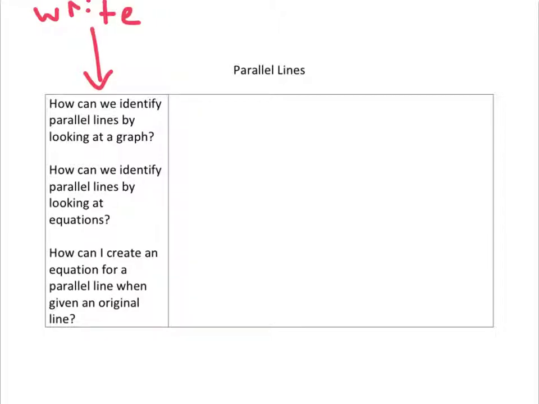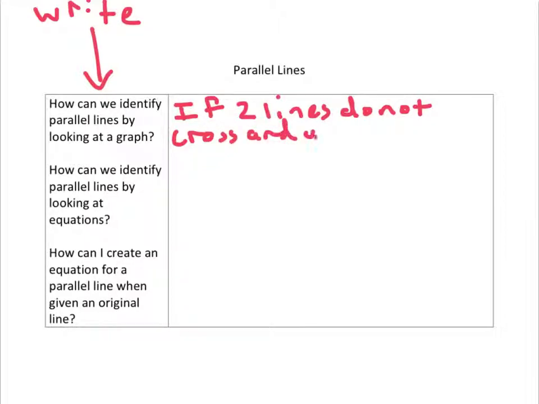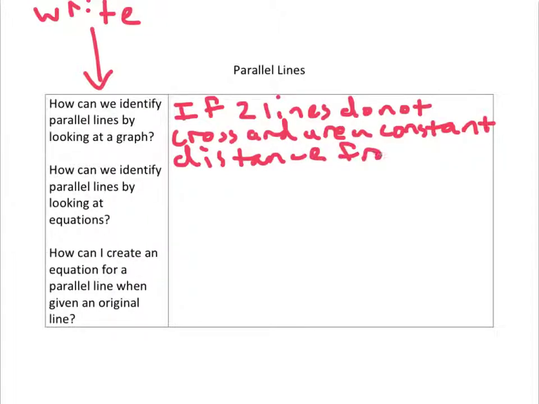So for parallel lines, how can we identify parallel lines by looking at a graph? If two lines do not cross and are a constant distance from each other, then we know that they are going to be parallel lines.